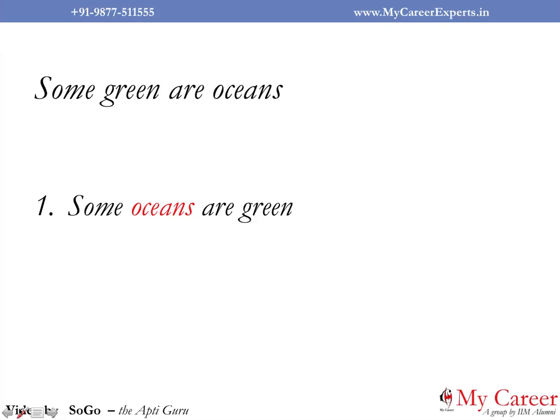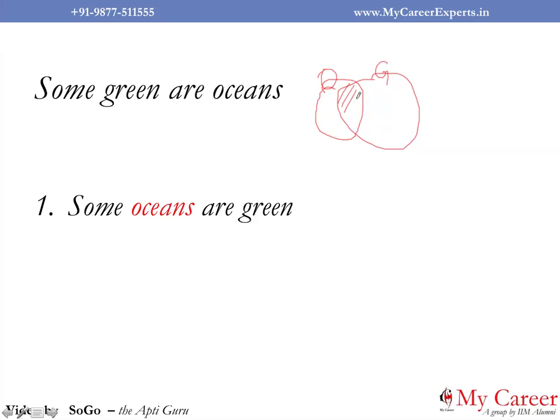Now here we have some oceans are green. So from here we will say some oceans are green. It means we draw ocean like this, we draw green like this. So we have relation of some with the ocean, as some oceans are green. So this is ocean, this is green. Not all the oceans are green, but some oceans are green.